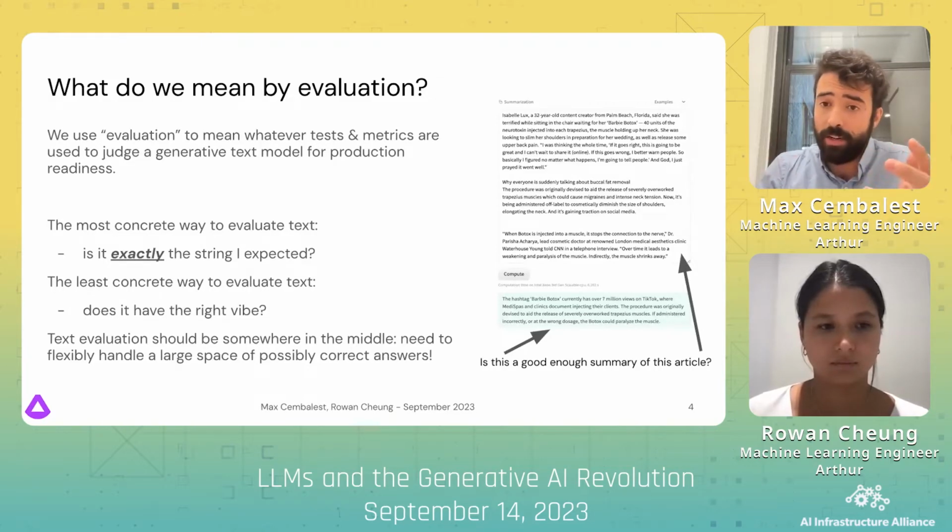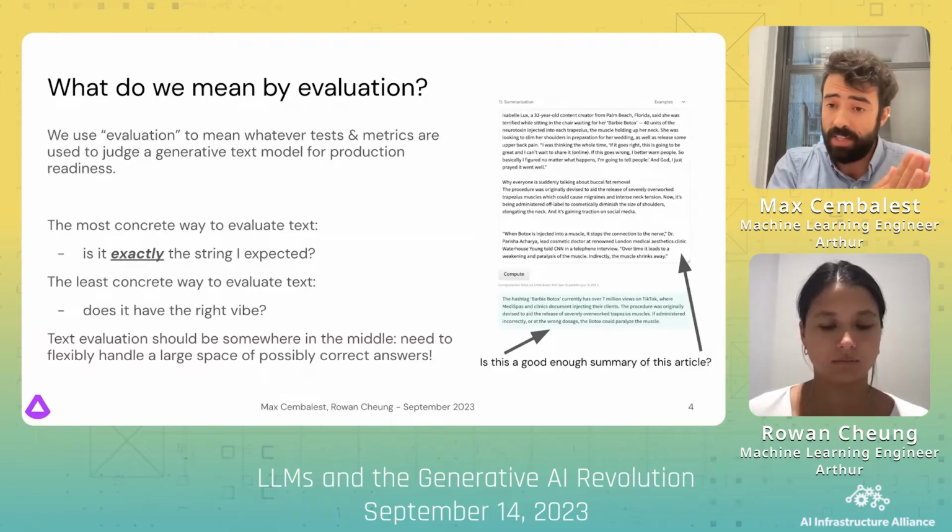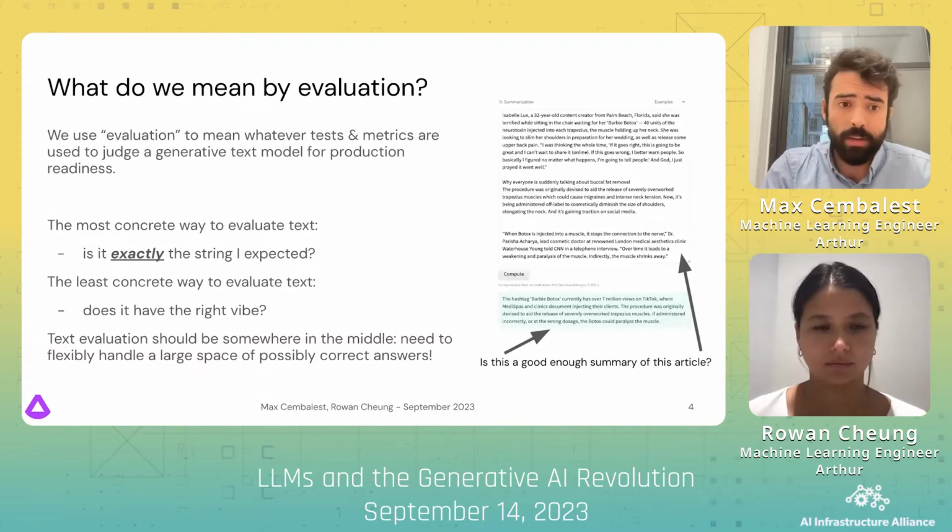On the right side of the screen here, I have an example news article from August 2023, and we have an attempt at summarizing this article at the bottom. Evaluating the quality of a summary should be somewhere between the most strict and concrete possible evaluation, which is: is the text of the summary exactly the text that one expected?